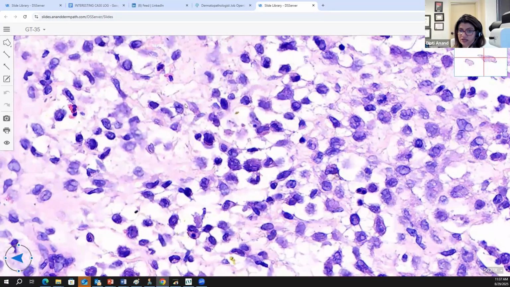Often eosinophils will be present in the background, so EOs are part and parcel of these cells. These Langerhans cells stain with CD1a and S100 and Langerin. We do not really need to stain with Langerin; CD1a and S100 is good enough. Electron microscopy shows those tennis racket shaped Birbeck granules. So that's Langerhans cell histiocytosis.